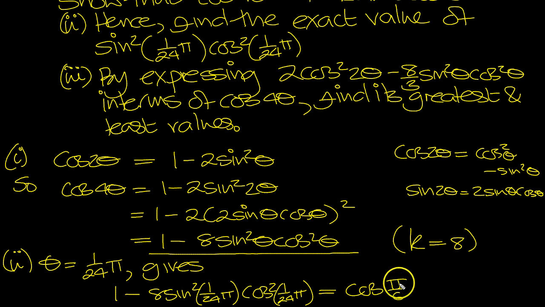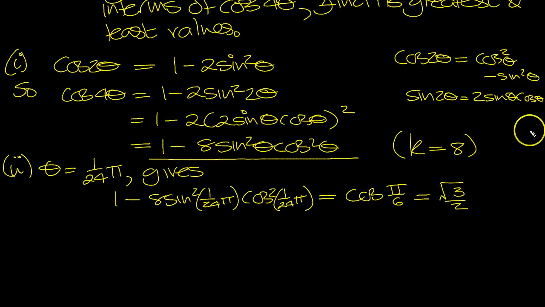Pi over 6 is 30 degrees. Cos 30 is root 3 over 2, isn't it? I think it's the exact value we need, yes, the exact value. So we keep it in surd form.